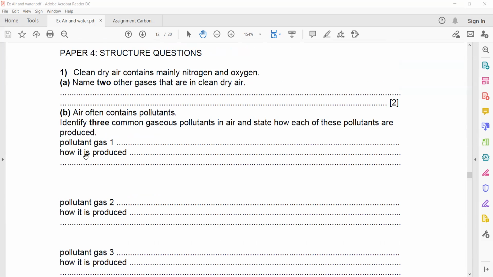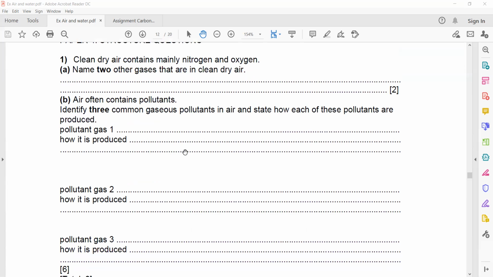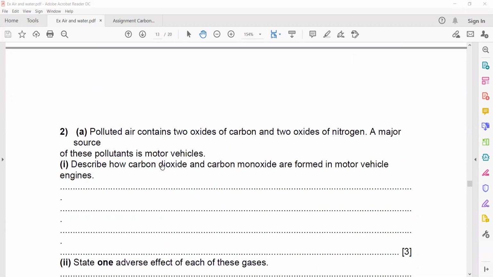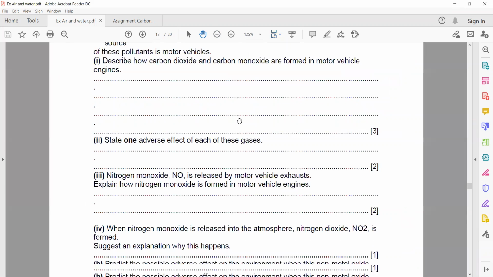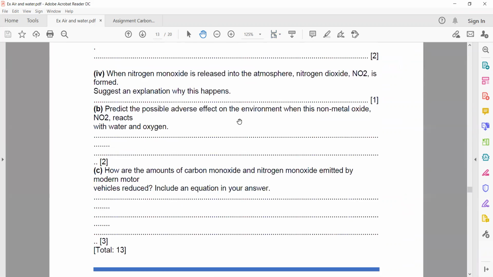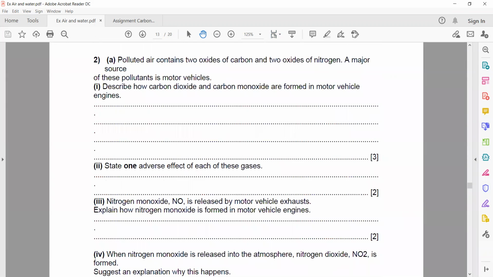Question one. Question two. Any doubt in question two? The structure question. If any doubt, just let me know. So I'll discuss. Question two, any doubt?